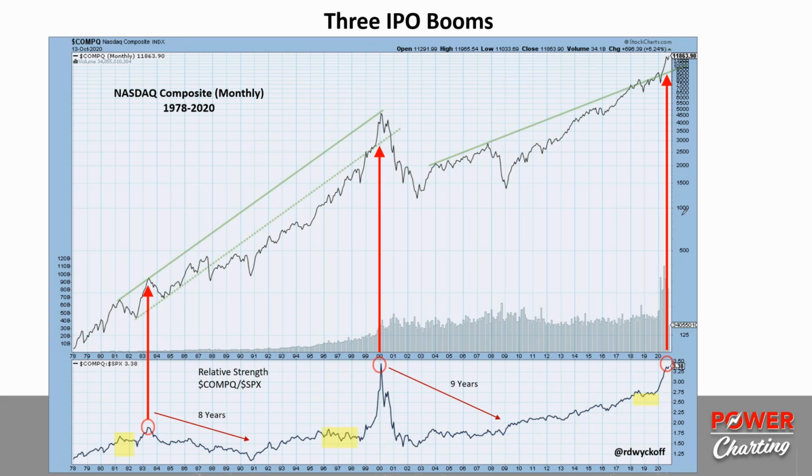But the point is that we're in the boom phase for IPOs. I think that comes in the late stages of a growth stock domination. And I think that we're years and years into this now, and we should be looking in 2021 for evidence of rotation away from growth.